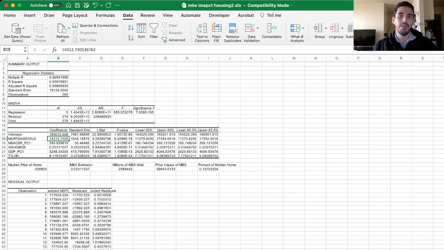So that's saying when interest rates go up by 1%, the pressure that's put on consumers causes homes to fall in value by about $14,000 for the median home.